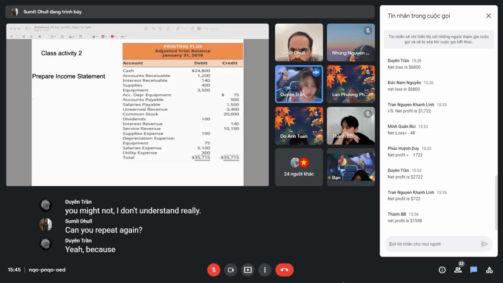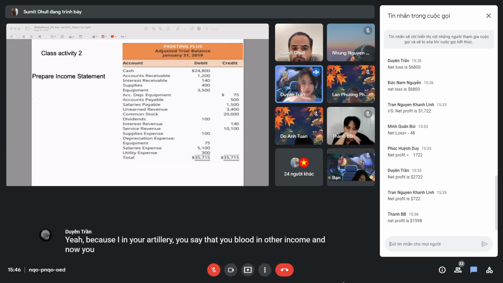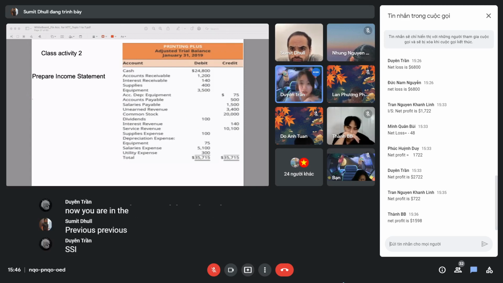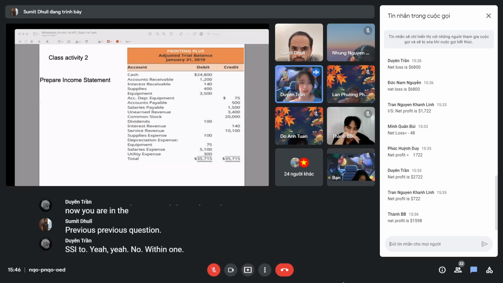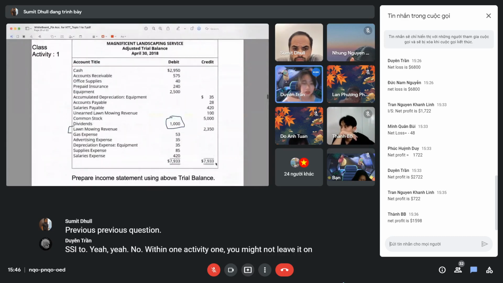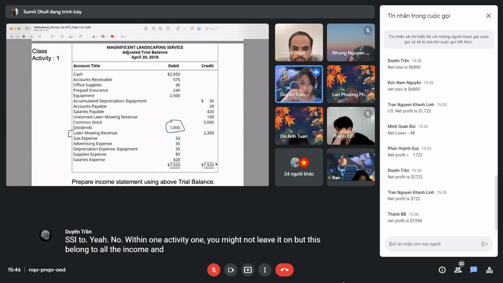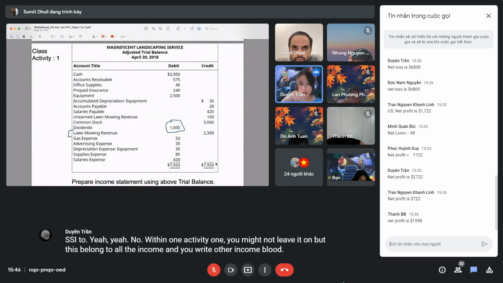Because in your theory, you say that you plus other income, and now in the exercise, question one, activity 1, you minus dividend, but it belongs to other income.